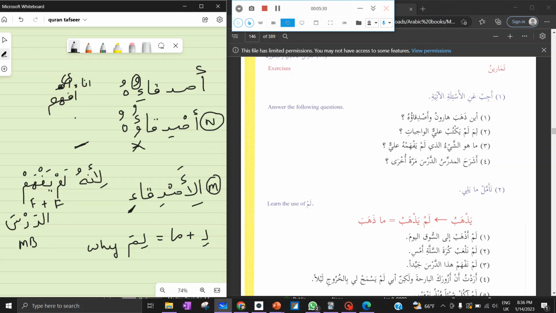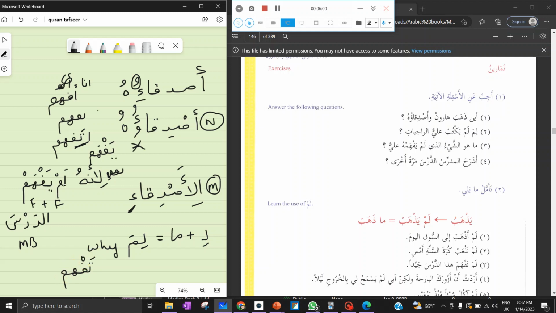Then for nahnu, nafham. Then anta, tafham. And then in ghaib it will be yafham, and for hiya, tafham. Sorry, there is no space, so I will write it here. Tafham.